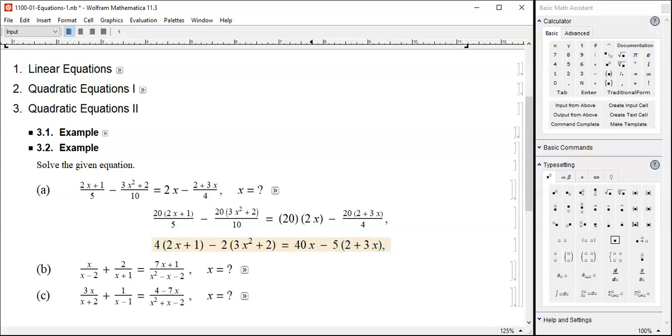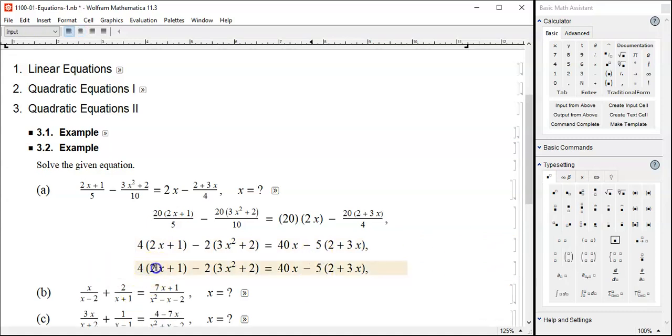Next, let's take care of the parentheses. By the way, let's align the equalities. 4 times 2 is 8. 4 times 1 is 4 after distributing. All good. Now, negative 2 times 3 is negative 6. And negative 2 times positive 2 is negative 4.